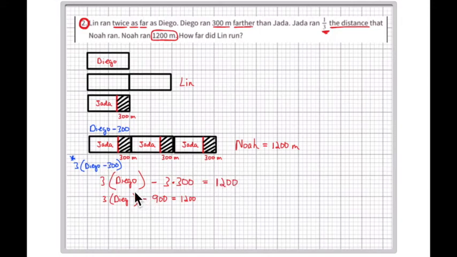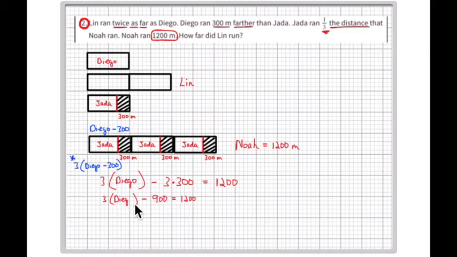So the algebra, this is where I use the distributive property. So this is 3 times Diego minus 3 times 300. Here's the 300 right here that we're taking away. So it's 3 times this, call this a negative 300 if you want. 3 times this 300 is going to be subtracting 900 or adding a negative 900.